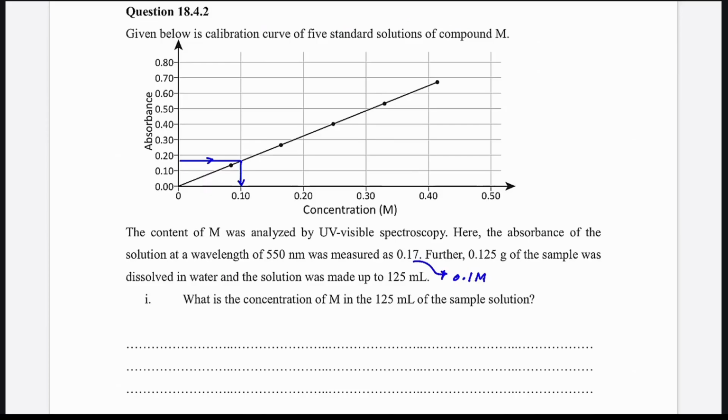The molar mass is not given in the question.